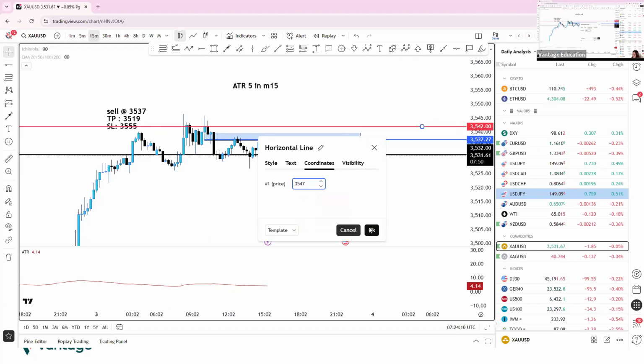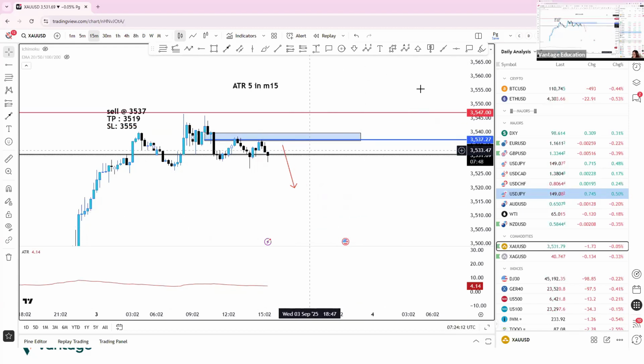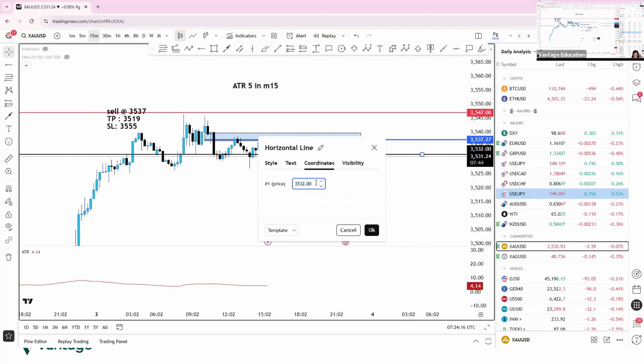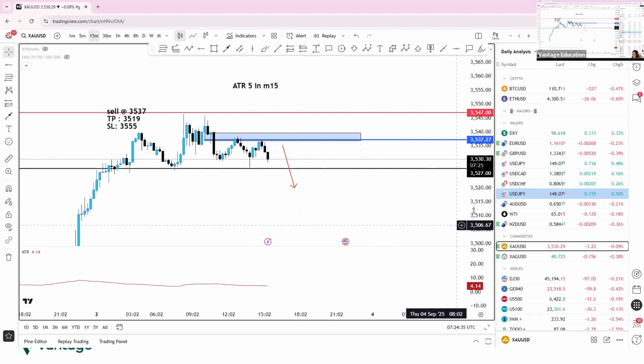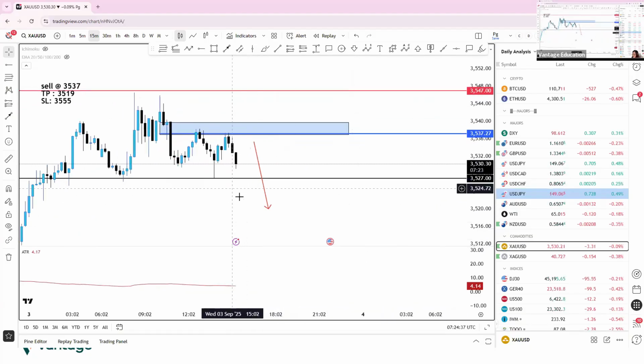For your take profit, you also want to have two ATR, so 3537 minus 10, which is 3527. Price falling toward your take profit.